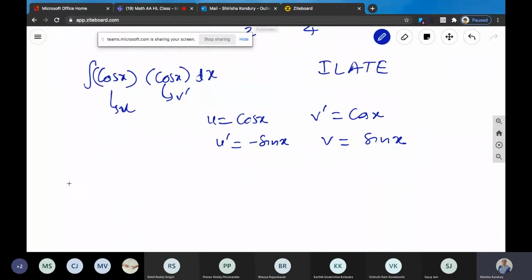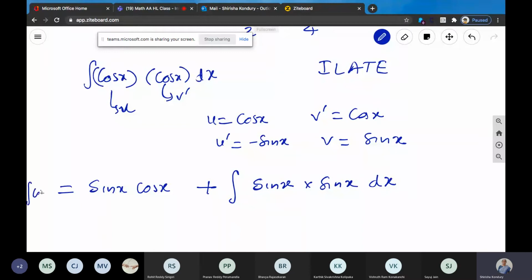So my formula says integral of uv dash is u into v minus integral u dash into v. And what was I integrating?